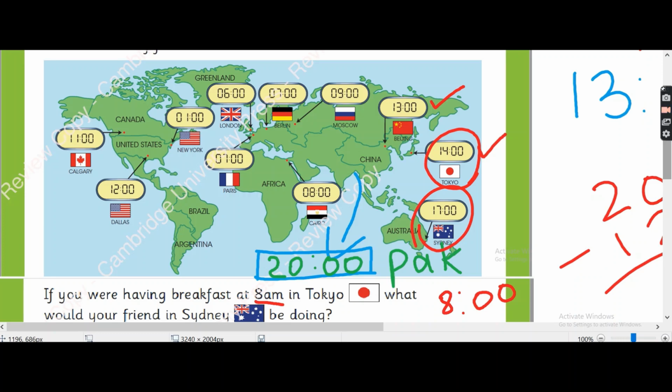How much is the time difference? 14, 15, 16, 17. 3 hours. It means that Sydney is 3 hours ahead. If it is 8 o'clock in Tokyo, what would be the time in Sydney? 8, 9, 10, 11. It would be 11 o'clock in Sydney.